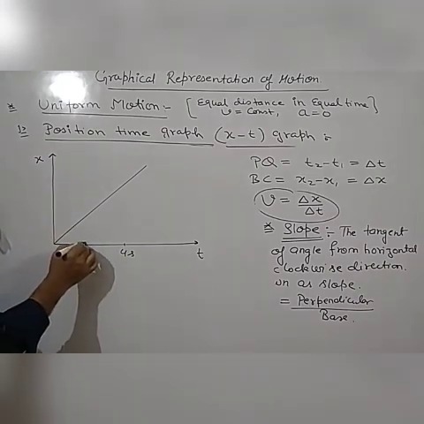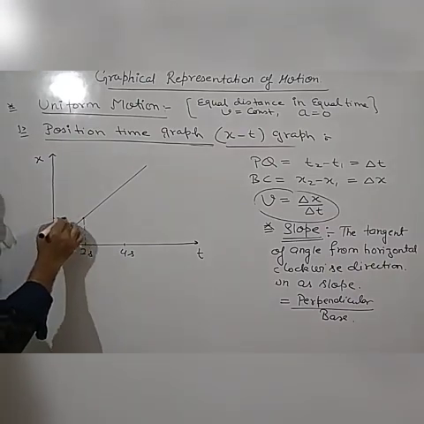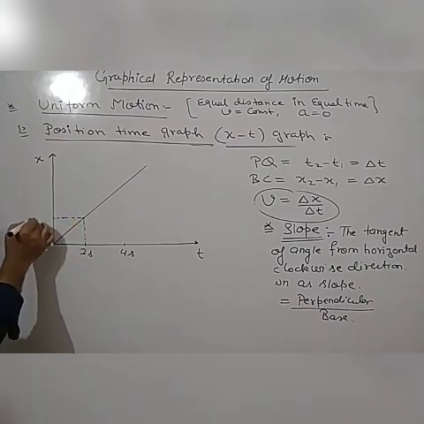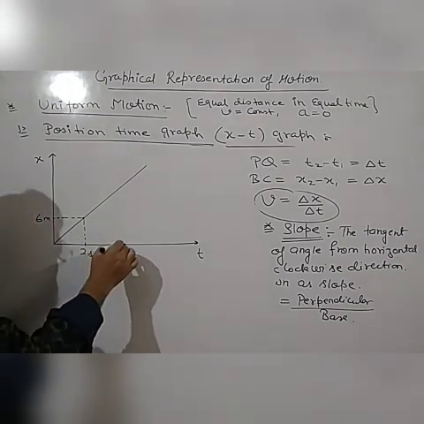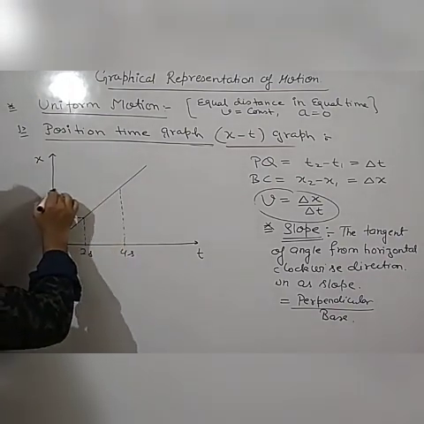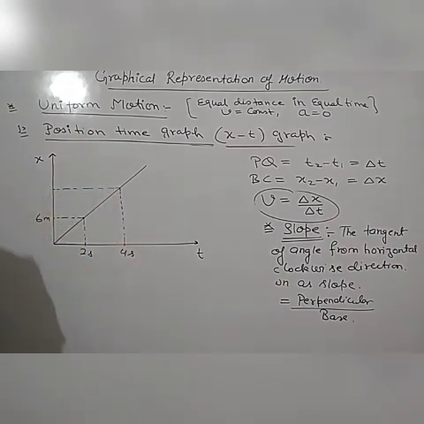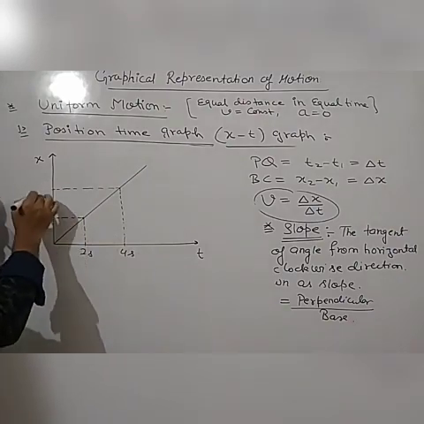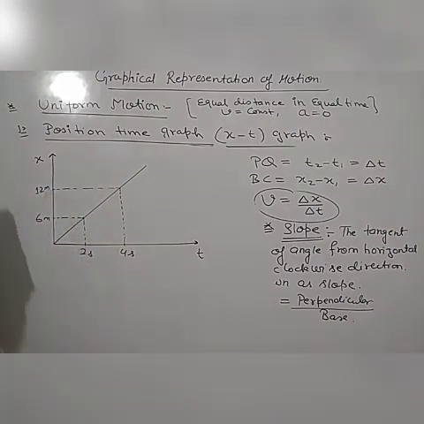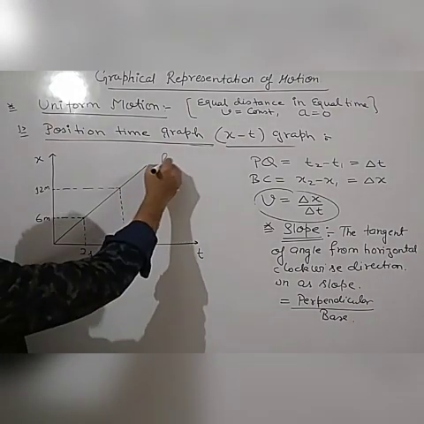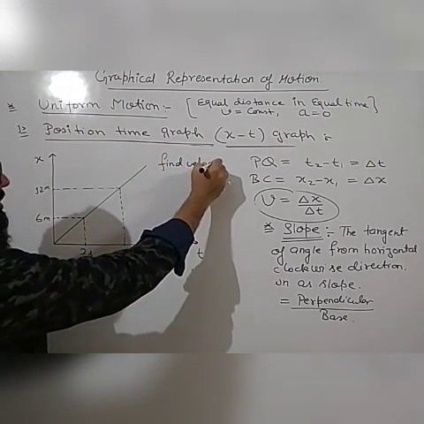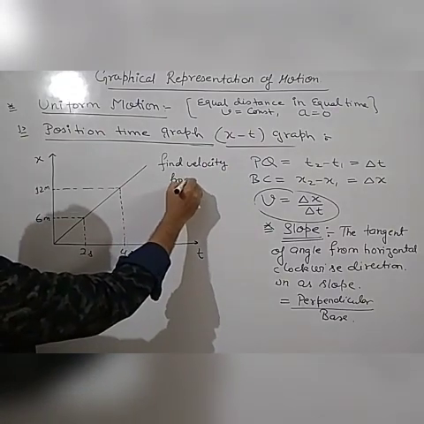At t is equal to 2, the position is 6 meter, and at t is equal to 4, the position is 12 meter. Now you have to find the velocity from this graph.